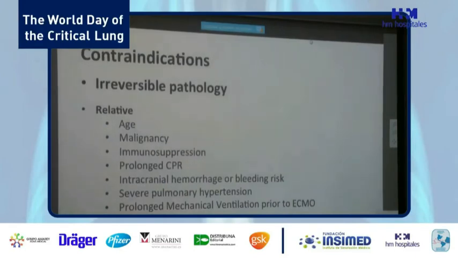Again, ECMO is a support. It is not a treatment. So there may be relative contraindications for age, malignancy, immunosuppression, patients who presented with CPR, those who already have a bleeding risk, severe pulmonary hypertension, or those on prolonged mechanical ventilation prior to ECMO, which would classically be more than 1 week.